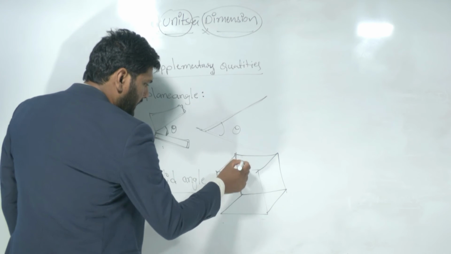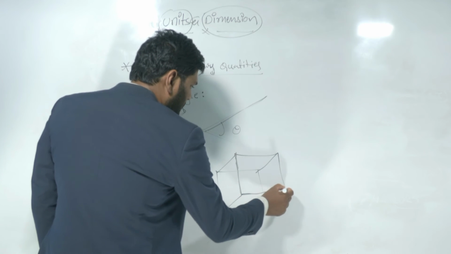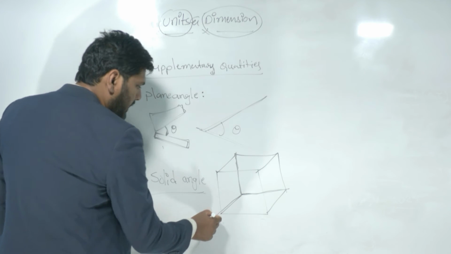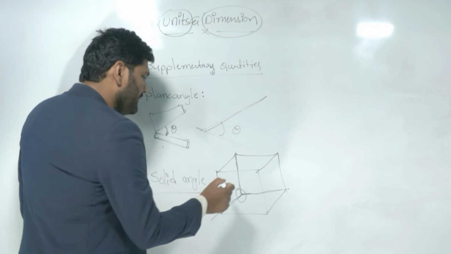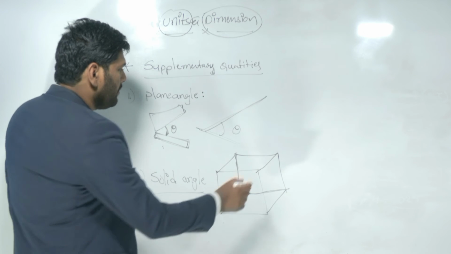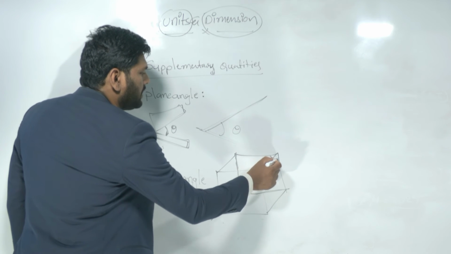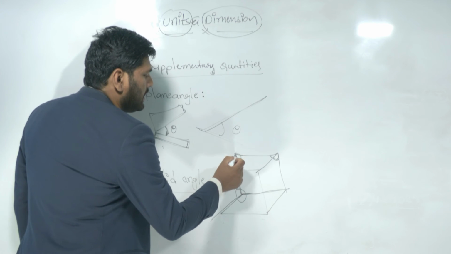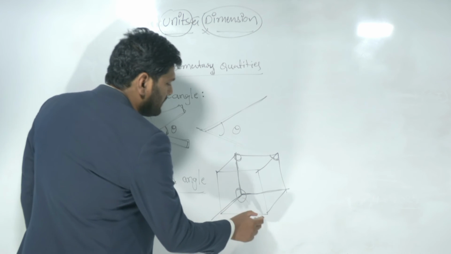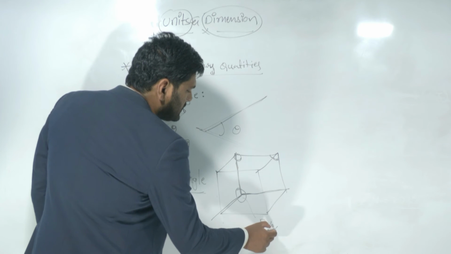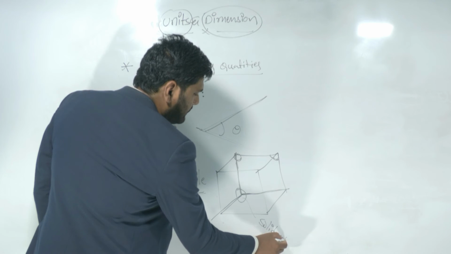You can take this as the x-axis, this as the y-axis, and this as the z-axis. The combined angle at this corner is known as what? Solid angle.